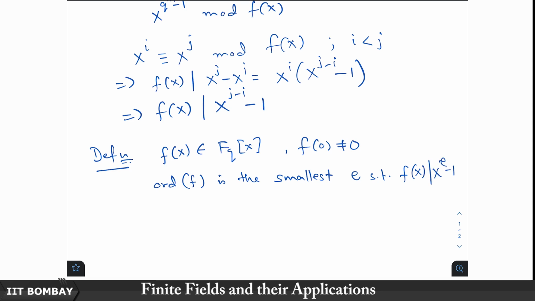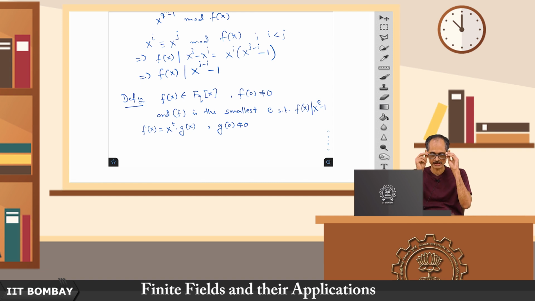Now, on the other hand, if f(x) is of the form x power t times g(x), where g of 0 is not equal to 0, that is if x is indeed a factor of f(x), then there cannot be such an e for which f(x) divides x power e minus 1, because x power e minus 1 does not have a factor x.